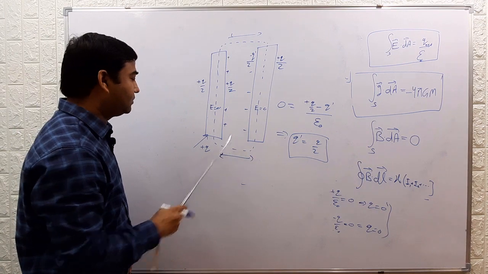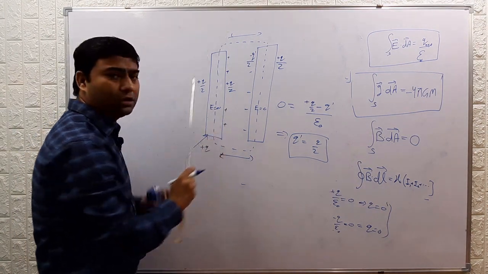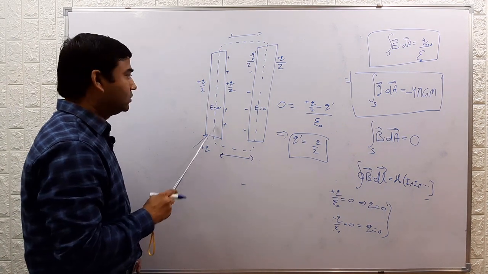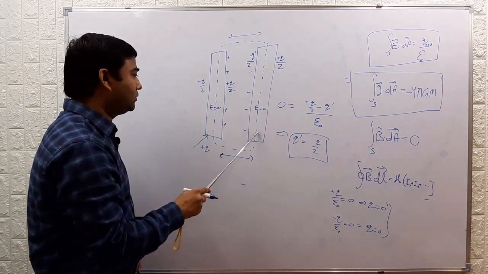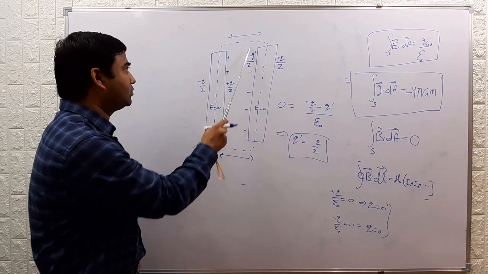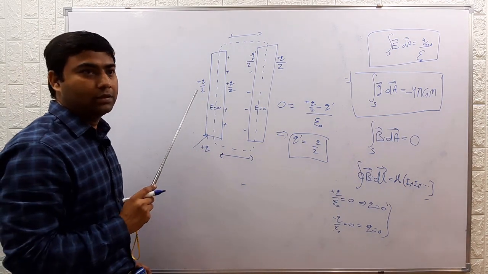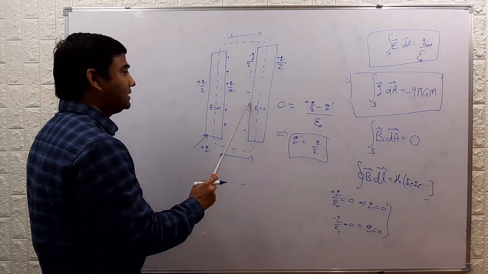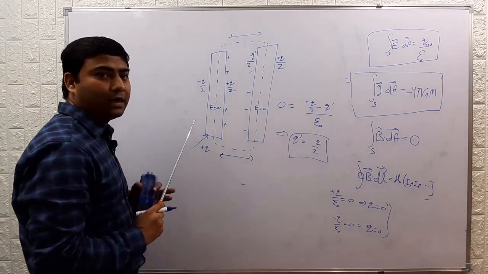So the dot product at this part is not necessary, and electric field inside this conductor is 0. So for this portion dot product is 0, and this is very small, so we have omitted it. So for flat facing surfaces, charge is always equal and opposite.